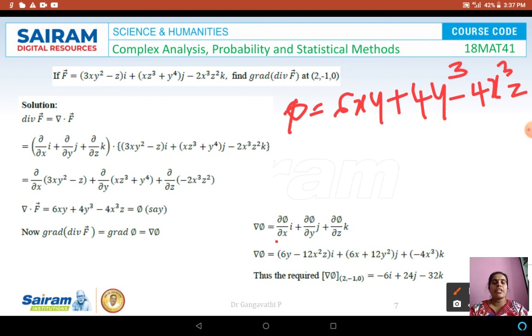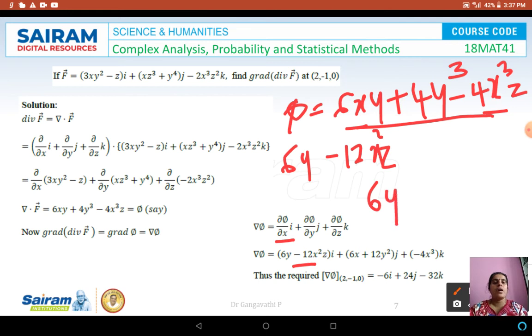Differentiation of phi with respect to x partially: this term and this term can be differentiated. We get 6y minus 8xz. So we have entered it here. Similarly, ∂φ/∂y, differentiation of this again with respect to y partially gives us 6x plus 12y², and the last term becomes 0.